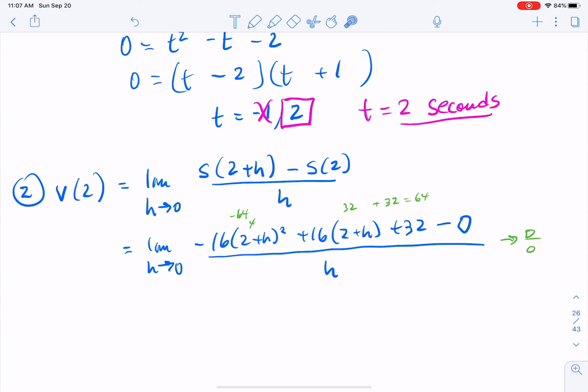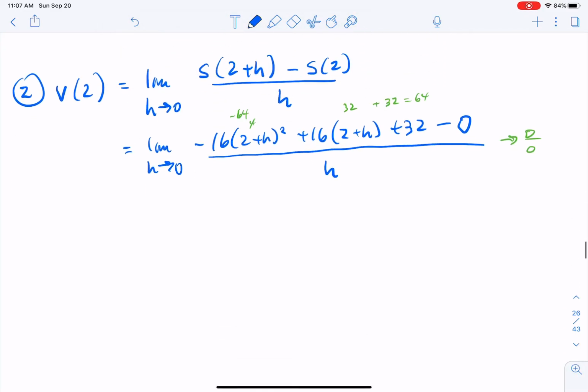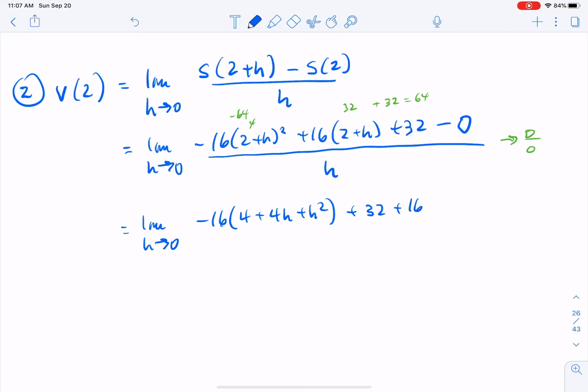Well, notice that we have things that we could expand, and maybe stuff is going to cancel out for us conveniently. I have a feeling. Limit as h goes to 0 of, I'll expand out the perfect square here, negative 16 times (4 plus 4h plus h squared), distribute the 16, plus 32.